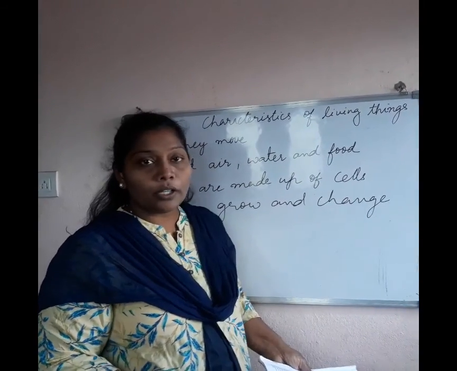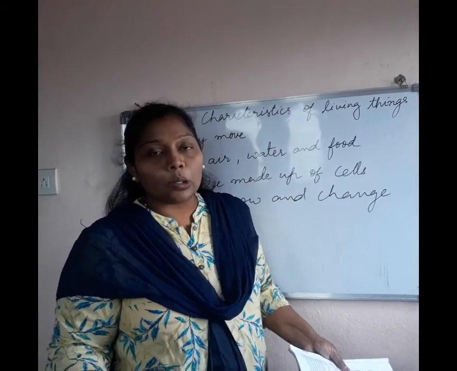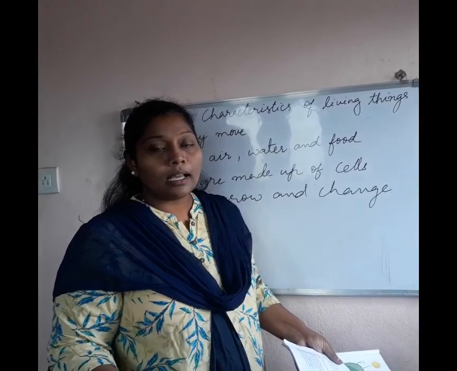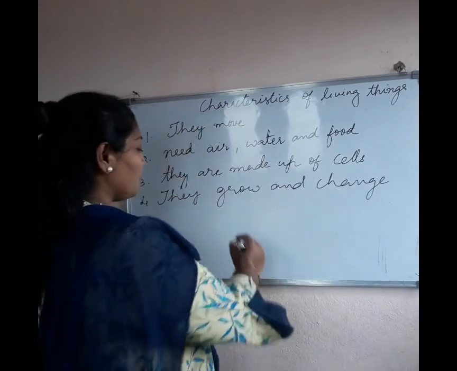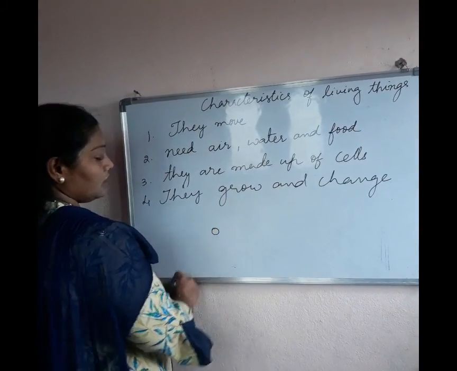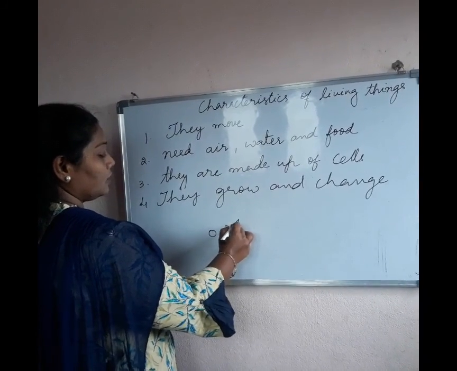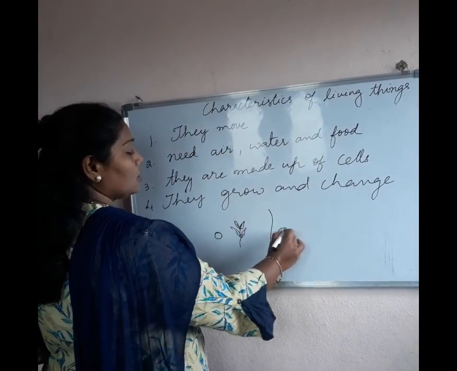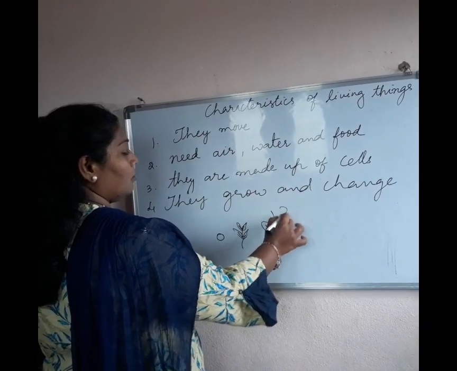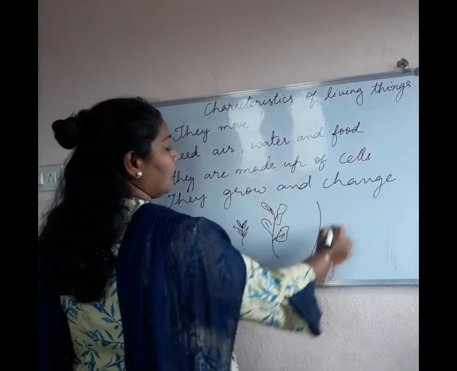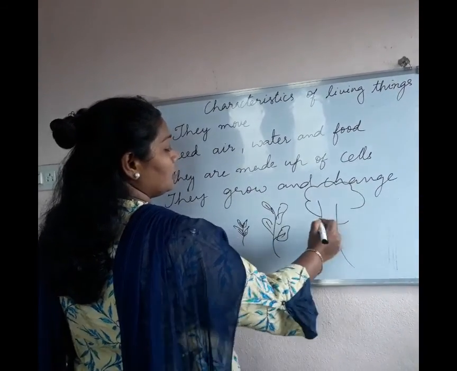But a 10-year-old boy you cannot hold, and a 30-year-old man you cannot hold. The size increases. In the same way, see a seed, then a seedling, then it grows into a plant, and then it grows into a big tree.